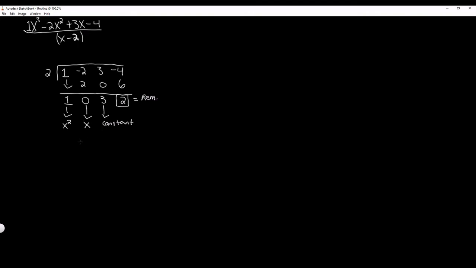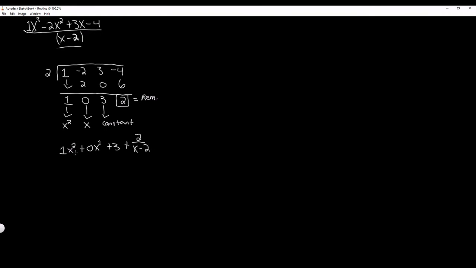Okay, so we're going to have 1x squared plus 0x to the first plus 3, and then for our remainder, we take our remainder and divide it by what we were originally dividing our polynomial by. So this will be 2 divided by x minus 2.